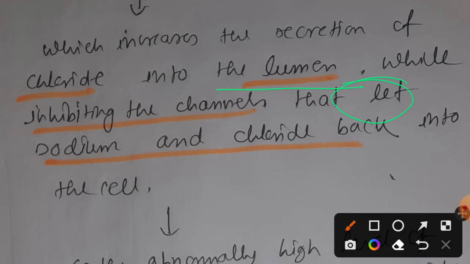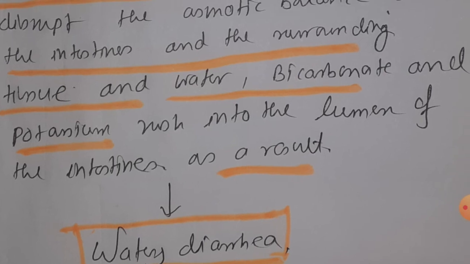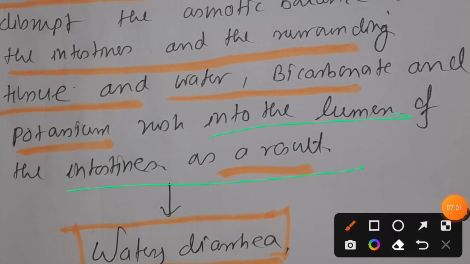As a result, the sodium and chloride released into the lumen cannot go back to the cell, so there is an increased concentration of luminal chloride and luminal sodium. That creates an osmotic imbalance between the intestine and the surrounding tissues. Under such circumstances, water, bicarbonate ion and potassium also rush into the lumen of the intestine, and this large amount of fluid ultimately causes the clinical symptom named watery diarrhea.